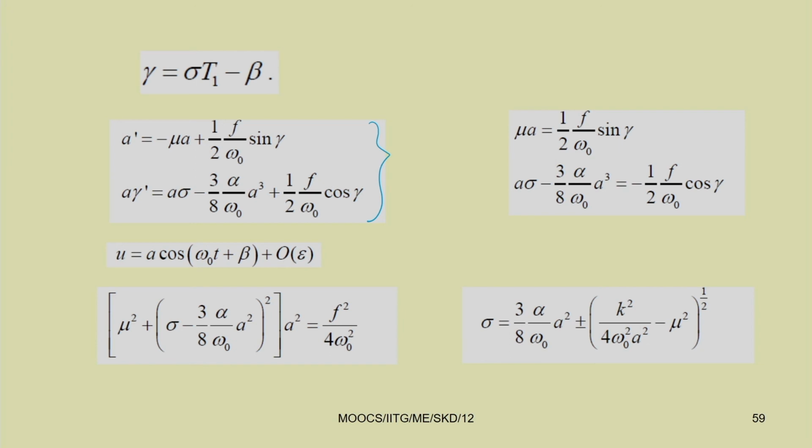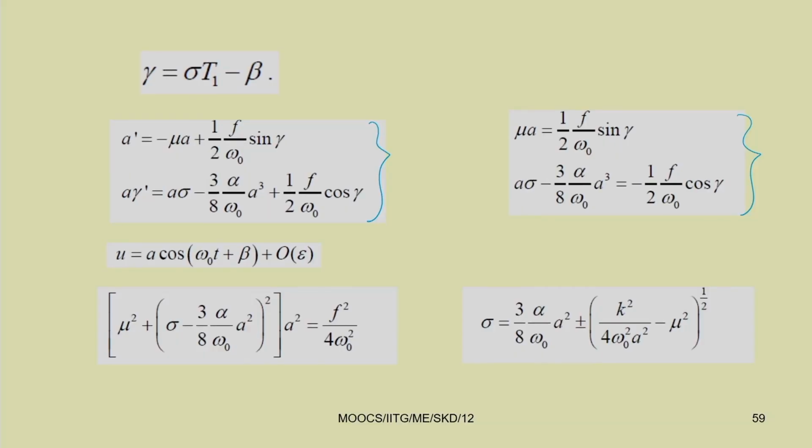Now for steady state, a and gamma are no longer functions of time, so a dash and gamma dash must be equal to 0. By substituting a dash and gamma dash equal to 0 in the reduced equations, one can get mu a equal to half f by omega 0 sin gamma, and a times sigma minus 3 by 8 alpha by omega 0 a cubed equal to minus half f by omega 0 cos gamma.